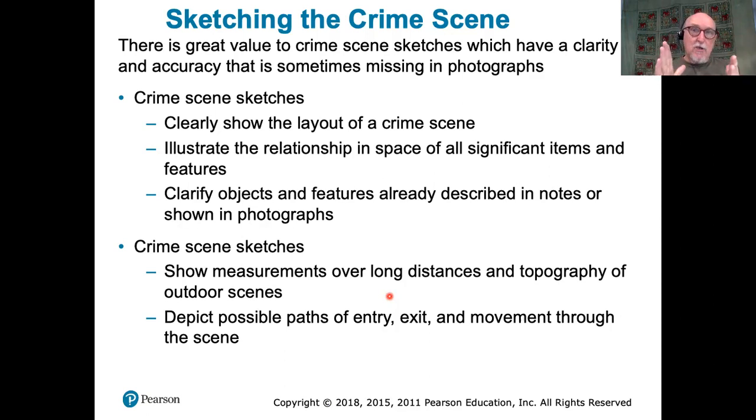The human sketch can highlight those particular objects and place them in a map, essentially, and reveal a relationship between those objects. So that sketch can then be tied to all the other recording, to the notes, to the photographs, to the videos, etc. But it provides a very clear indexing of evidence present at the crime scene.